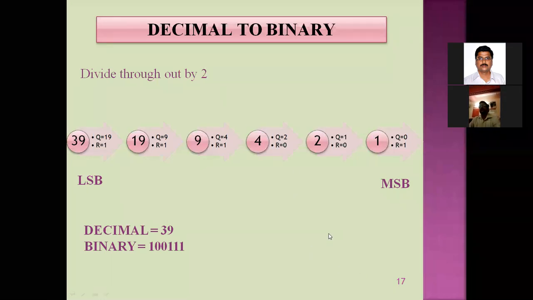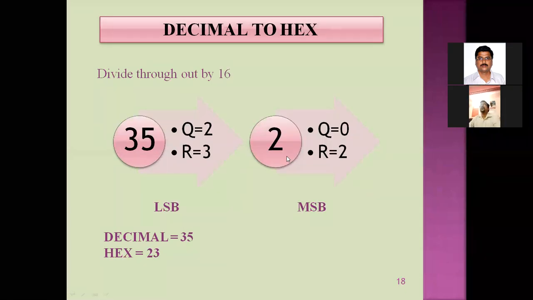In today's conversion, since you are converting from decimal to hexadecimal, what is the base of hexadecimal? 16. Since the base of hexadecimal is 16, you have to divide the number by 16 successively.